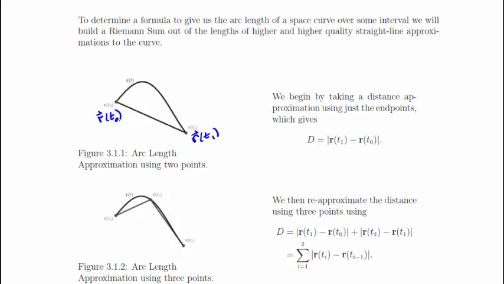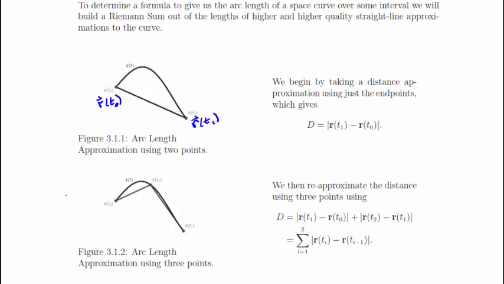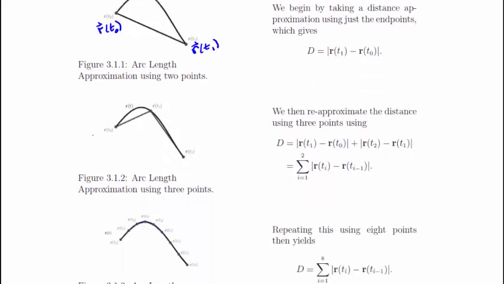Then this single line from r of t naught to r of t1 has a distance d equals the magnitude of the difference between these two, and that's just a pretty horrible approximation for how long this curve is, but it is an approximation. So let's do a little bit better here.